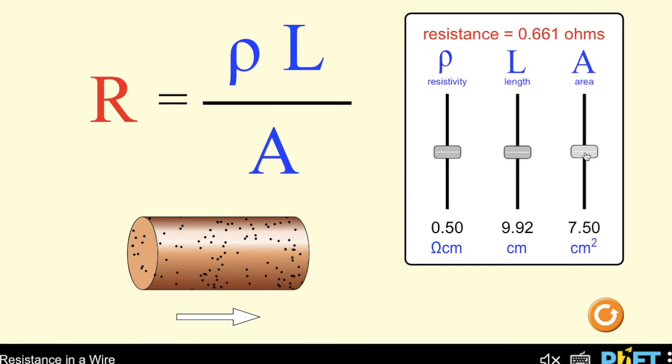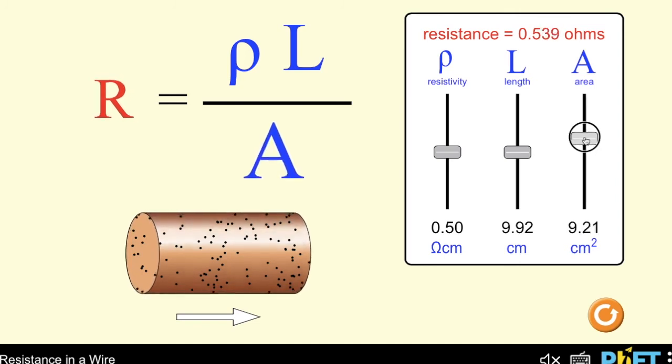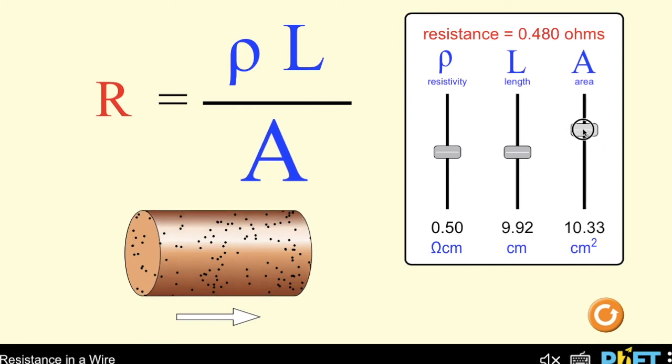Now what would happen if we vary the area? Initially we are starting at an area of 7.5 centimeters squared. When we start to increment that area, as we can see now, the diameter of that cylinder is becoming greater.